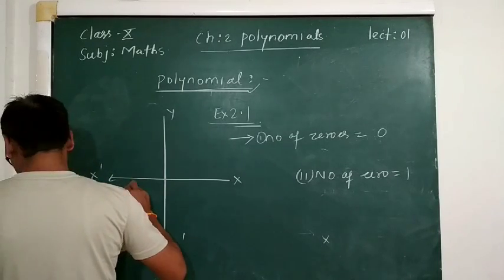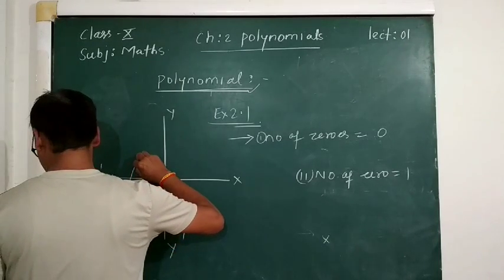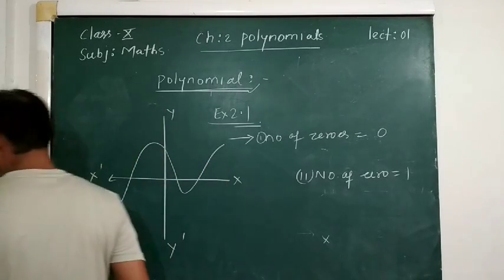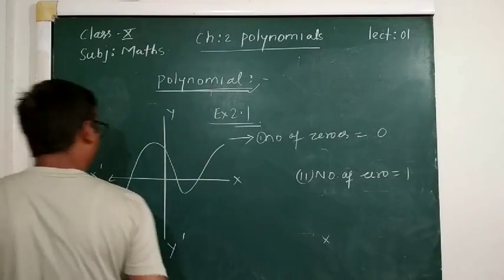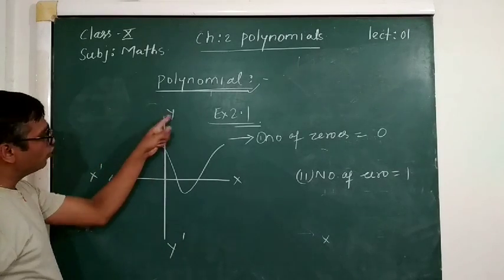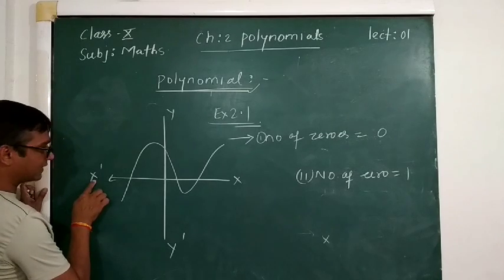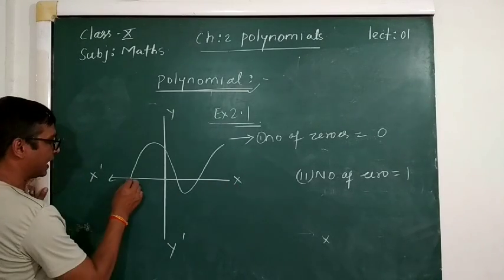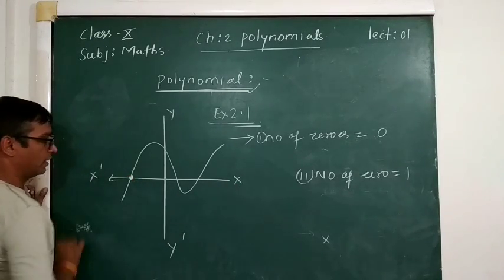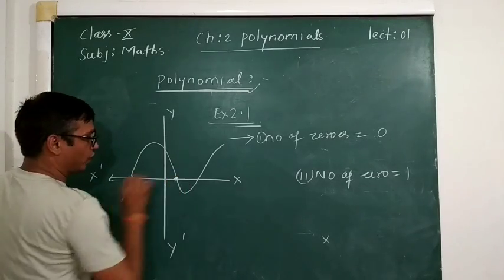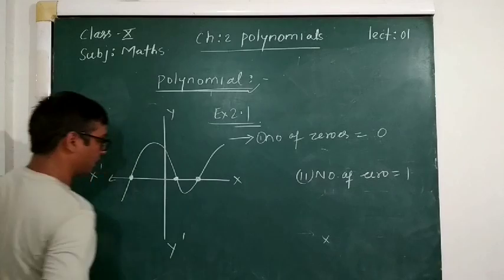Here you can see that the curve is intersecting the x axis at point 1, this is point 2 and point 3.